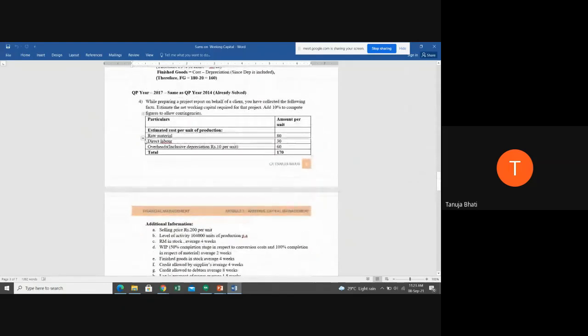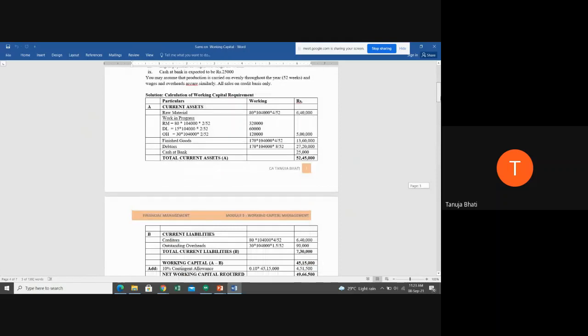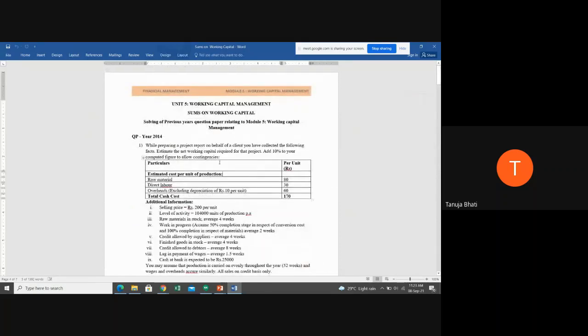Now the fourth problem. The fourth problem is from the question paper 2017, and it is the same question which appeared in the question paper in the year 2014, which is already solved. This is the same problem which had come in 2017.